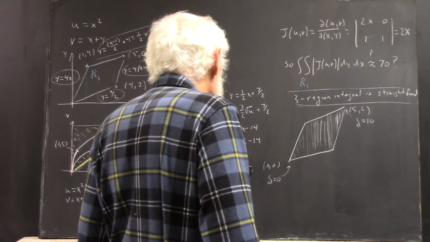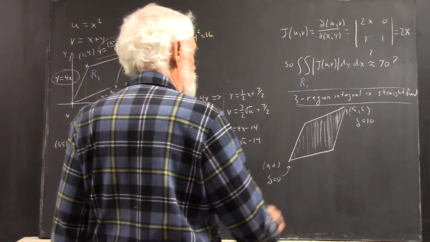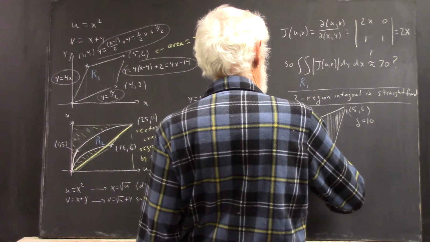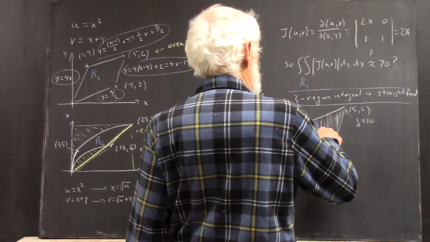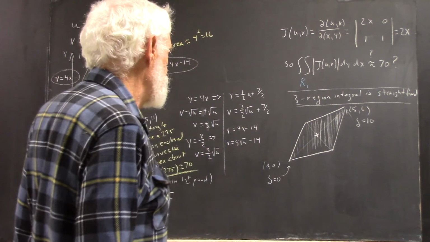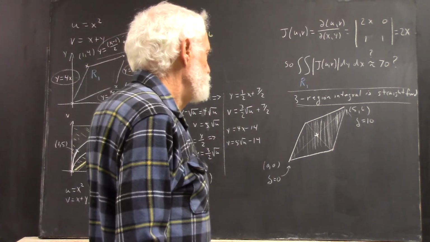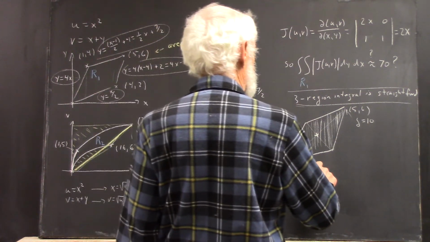Okay? And we could kind of say that the density at the middle, at the center of this thing, which is going to be at 2.53, density is about 6 here.